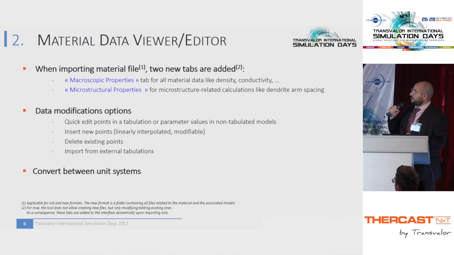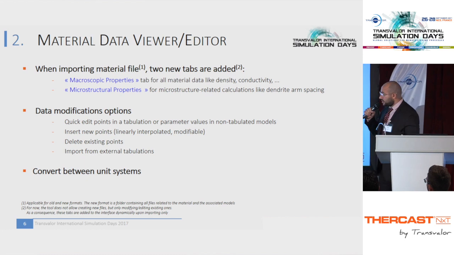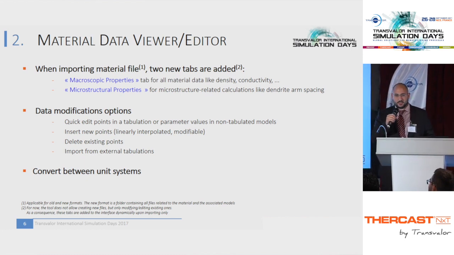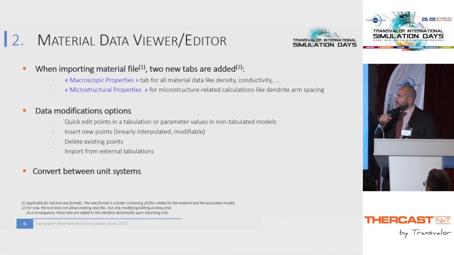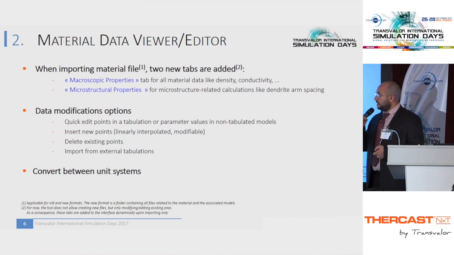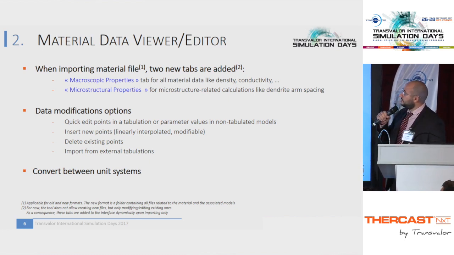The latest addition to this tool was the macroscopic properties and microstructural properties. Macroscopic properties is simply the interfacing of the already existing material properties that we already have in THERCAST, like thermal conductivity, density, and so on. Later on, I will speak about microstructural properties.